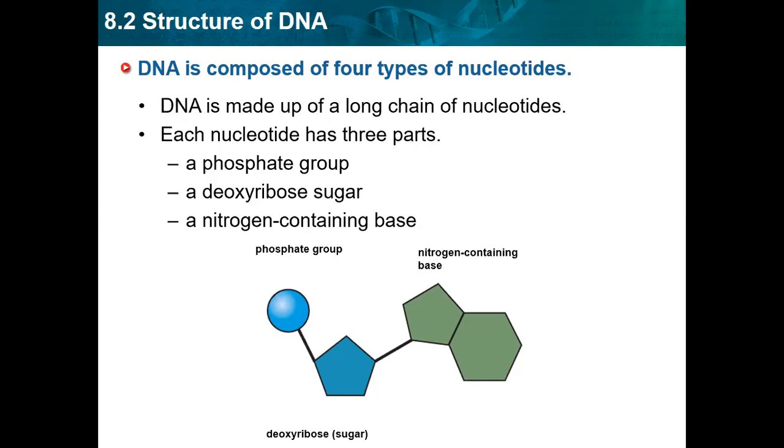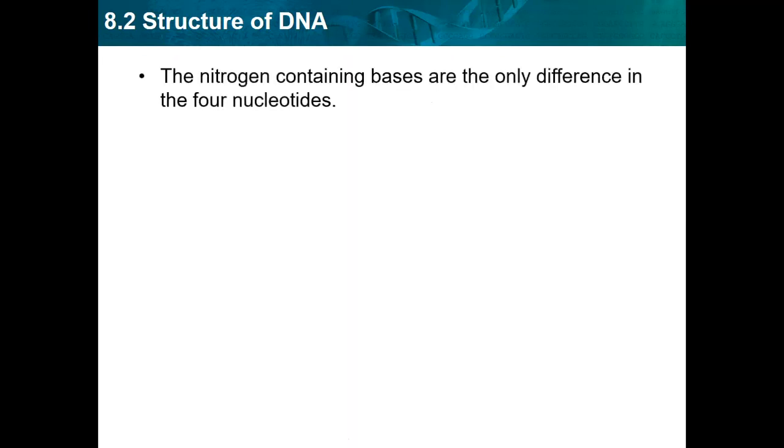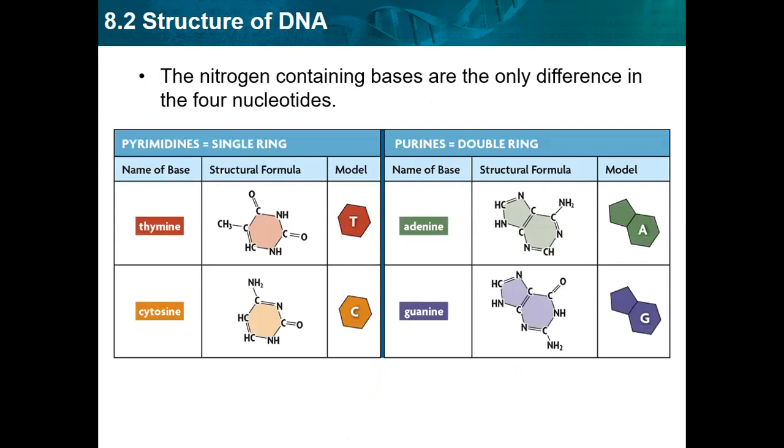So the nucleotide is made up of three parts: the phosphate group, the deoxyribose sugar, and the nitrogen-containing base. Now the nitrogen-containing bases differ among the four nucleotides.